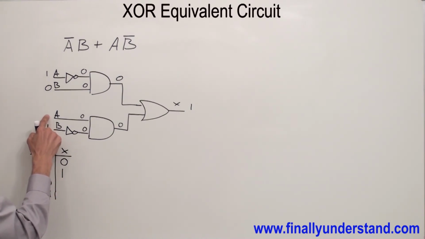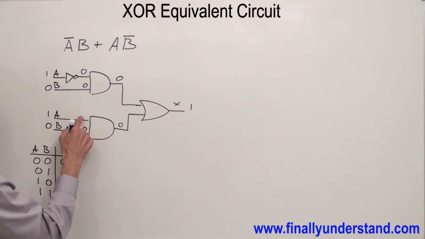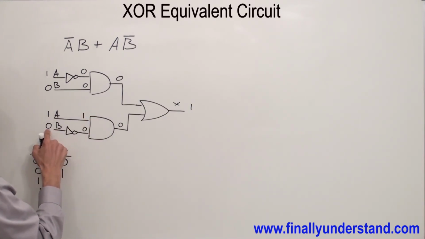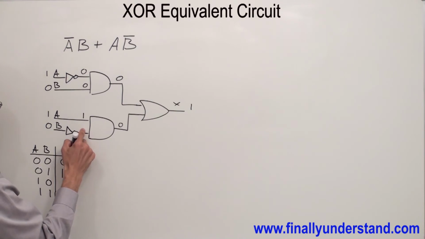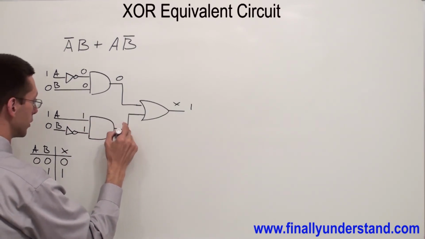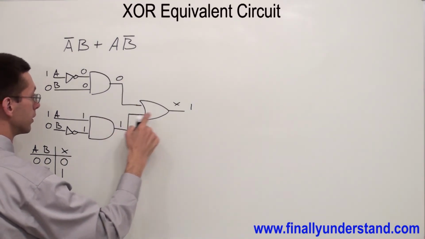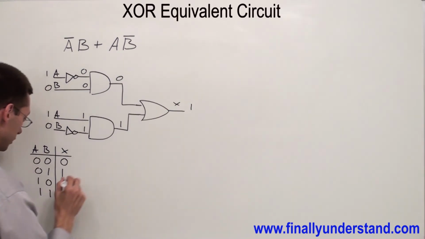A has to be 1, so I'm going to change this to 1. B has to be 0. This 1 will go to my AND gate, and this 0 will be inverted to 1. 1 and 1 gives me 1. 0 or 1 gives me 1.